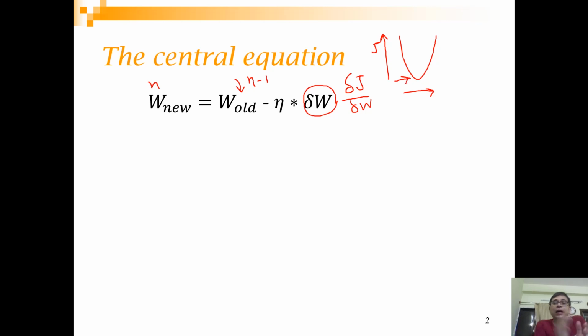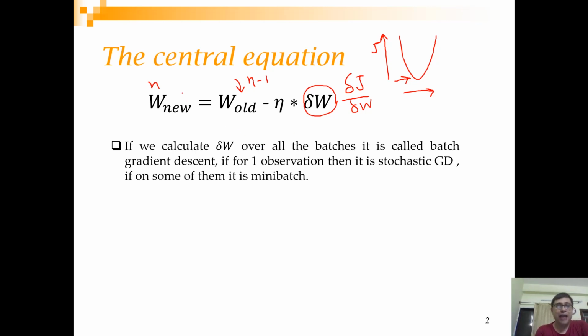All right. Now it turns out that there are three options for calculating this del W. One is that if I have, let's say, k training observations, then one option is that I calculate del W when I calculate the loss for all k observations. That is called batch gradient descent.